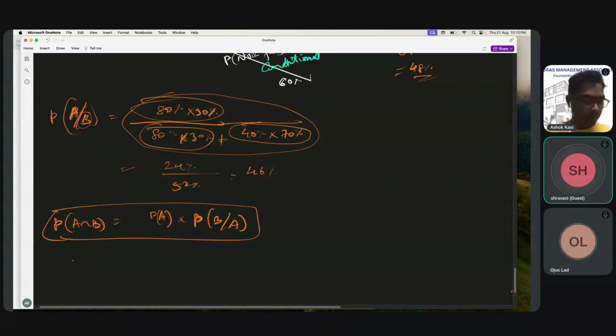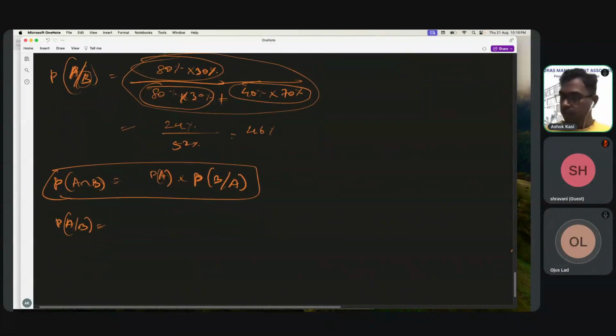Now probability of A by B is equal to... on this basis, or I can even say, probability of A intersection B is equal to, this step is fine.